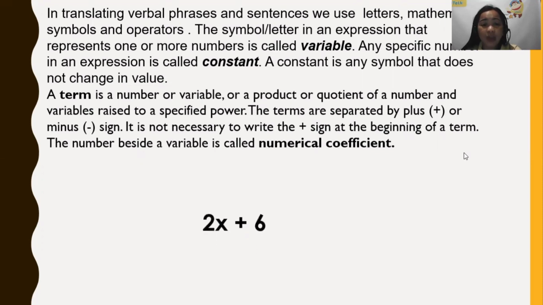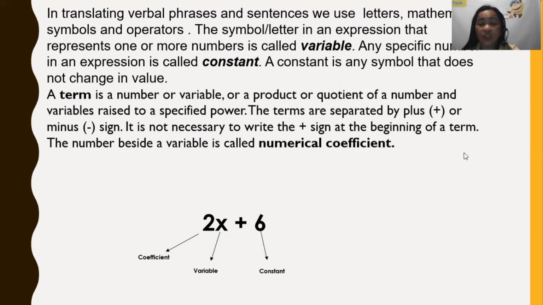We have 2x plus 6. In this expression, 2 is what we call the coefficient, or the numerical coefficient. It is the number beside the variable, and x is our variable, and we have 6 as our constant.